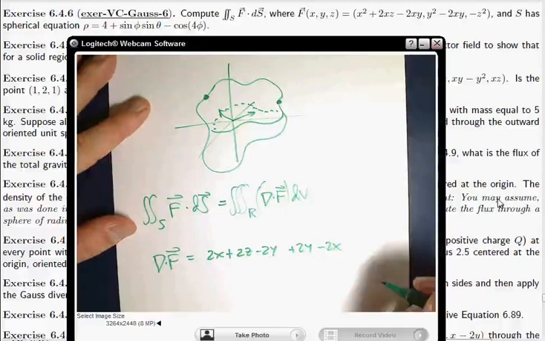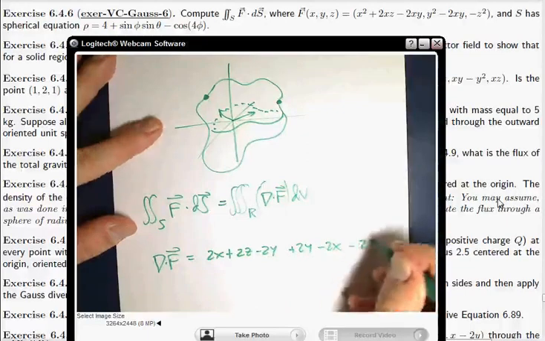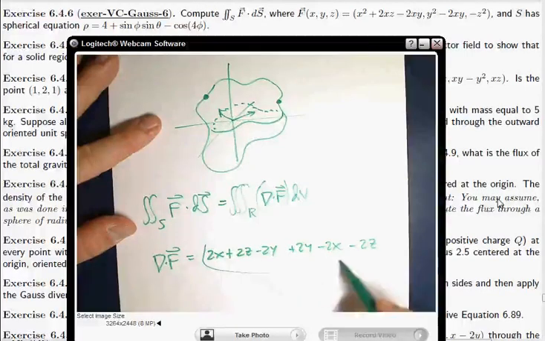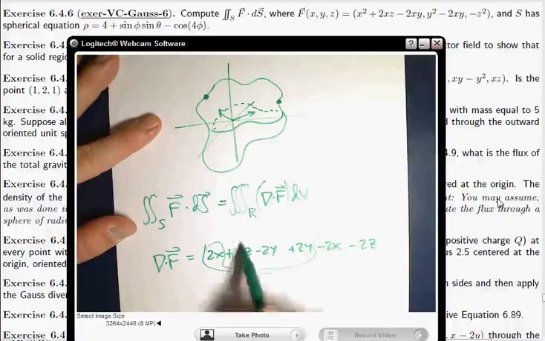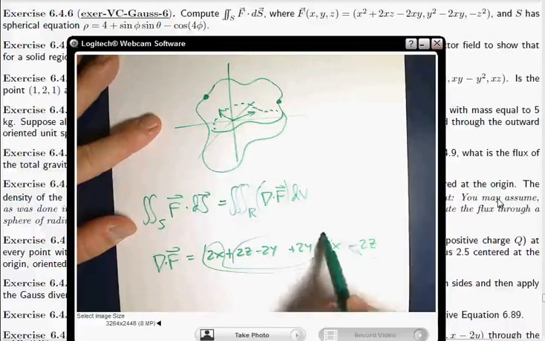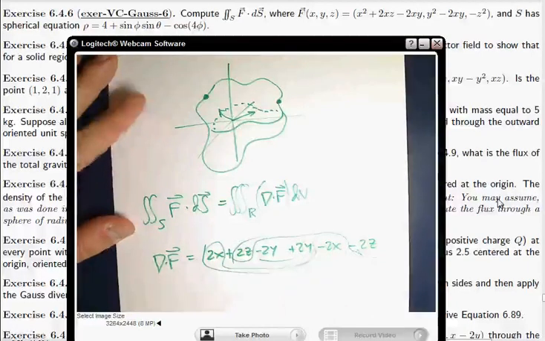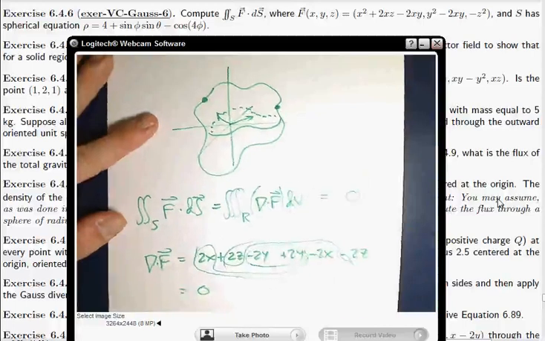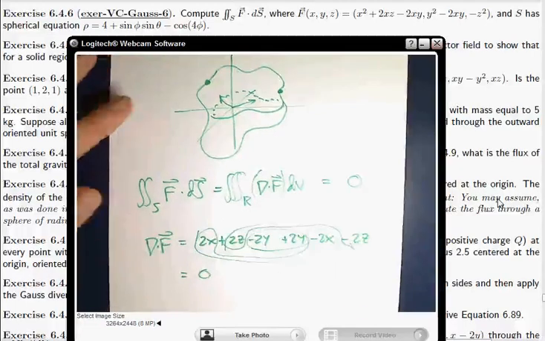And then the z partial of the third term is minus 2z. Well, that cancels with that, and this cancels with that. And, of course, that cancels with that. Everything cancels, and the divergence is 0. So therefore, the integral is 0. So it was a lucky break, right?